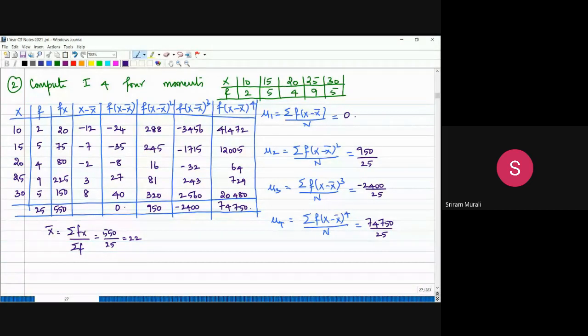It should be given like compute first 4 central moments. If nothing is stated, you can go with the central moment. They should specify, and they will specify. They ask you to do the first 4 central moments.